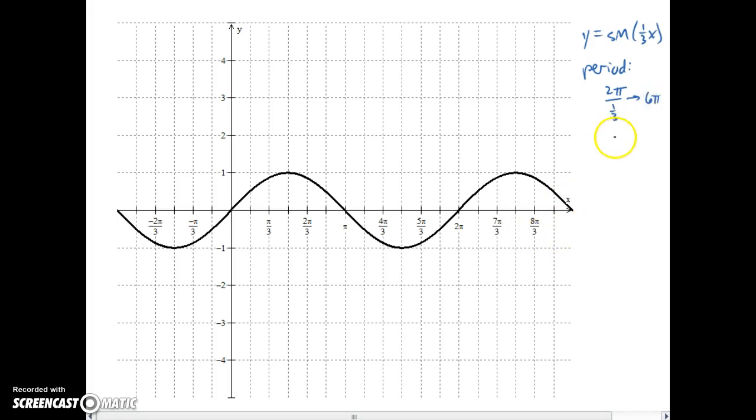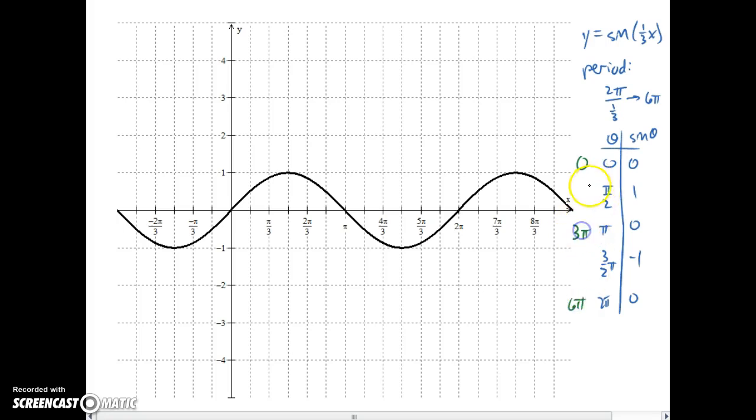So now, instead of being in my normal angle and sine of angle here, 0, pi halves, pi, 3 halves pi, and 2 pi, now I've got to stretch it out to 6 pi. So I'm going to end up from 0 to 6 pi. I need a whole period.